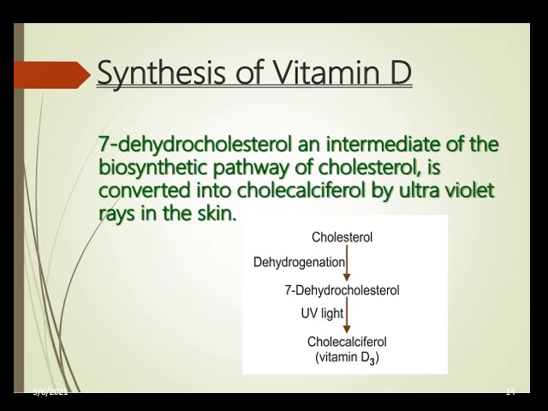So this 7-dehydrocholesterol, which is present in the skin, when it is exposed to ultraviolet light, what will happen? It undergoes various enzymatic reactions and leads to the synthesis of cholecalciferol, or vitamin D3. And this vitamin D3, we know, is the main hormone which helps in the regulation of calcium and phosphate metabolism.